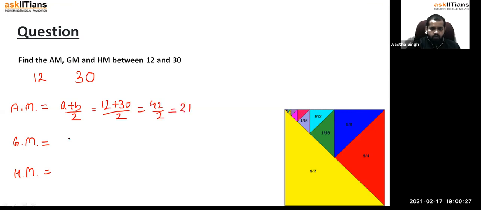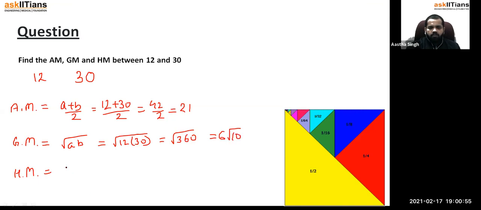Geometric mean is the under root of a and b. So under root of 12 into 30, it will be under root of 360, which will be 6 under root 10, right?